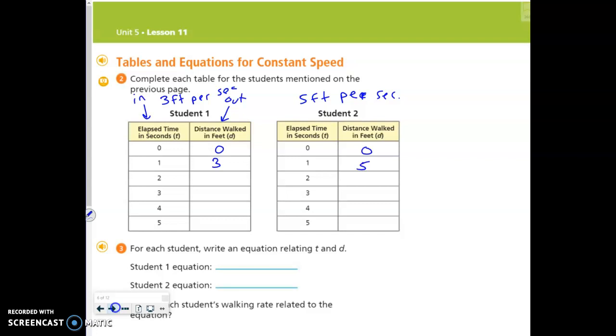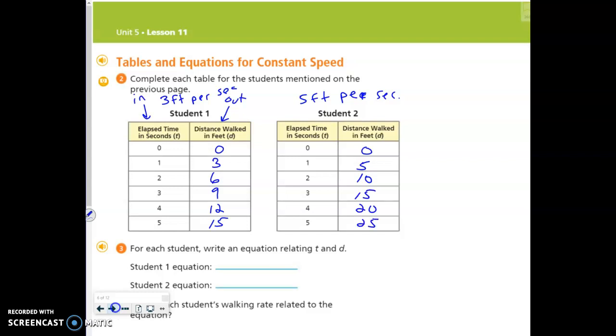All right, and you can see that because of the unit rate that we have established already. And now I just go down the tables and I start skip counting by that rate. So in this case, after 2 seconds, 6, after 3 seconds, 9, 12, and 15. And for the second one, because it's a unit rate of 5, I'm going to skip count by 5. So after 2 seconds, he's going to have traveled 10 feet, 3, 15, 4, 20, and 5, 25.